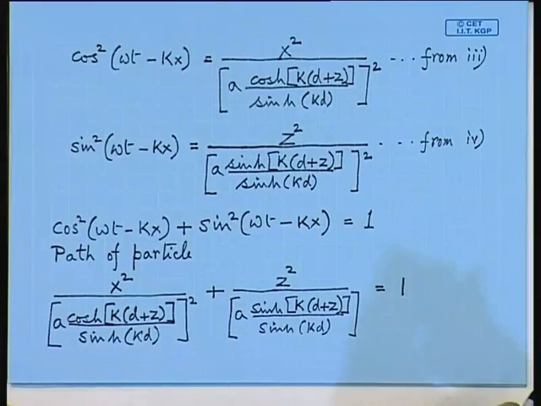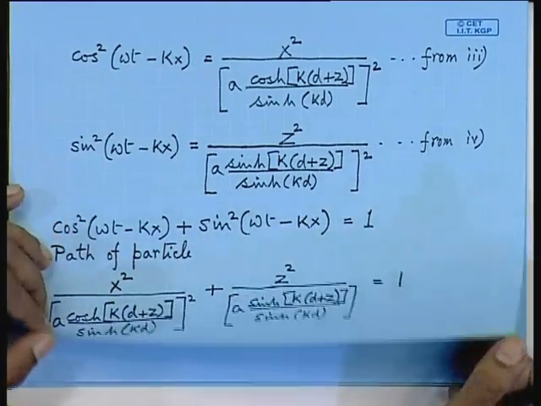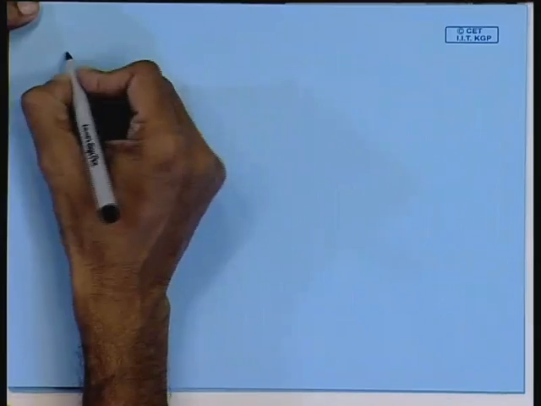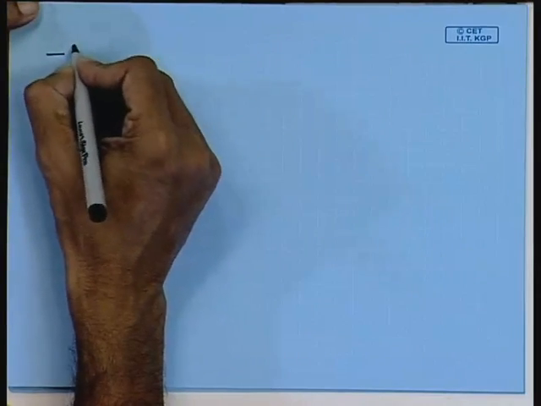So, you can recognize this equation. What is it? That gives us the equation of an ellipse. So, the path is elliptic in nature.